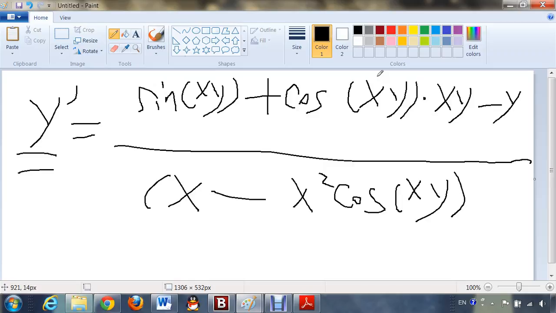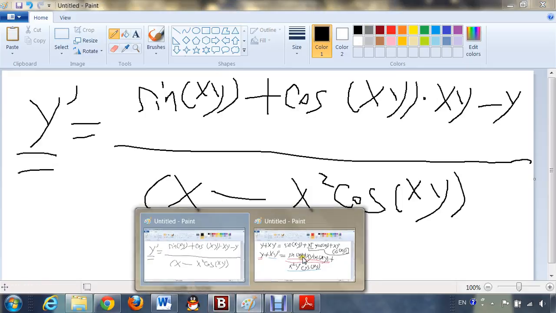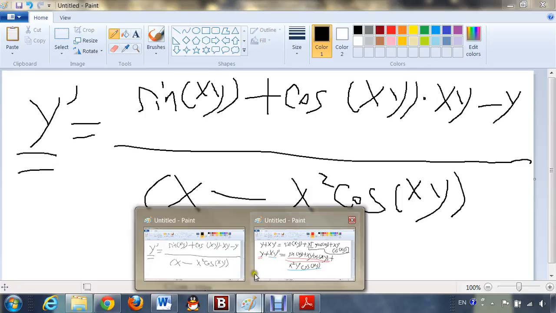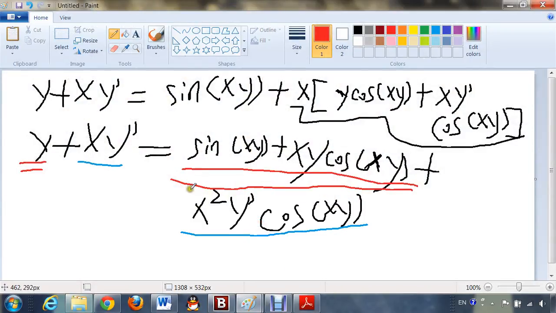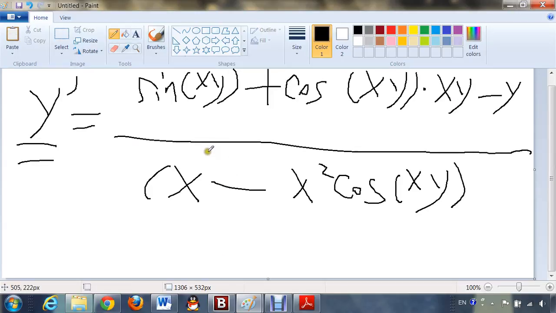So all implicit differentiation questions will be solved like this. I guess I'm done here. We may need the original question.